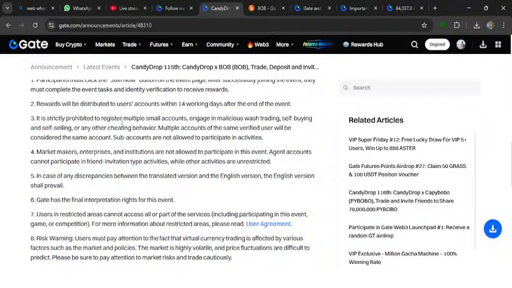Number three: it is strictly prohibited to register multiple small accounts and engage in malicious wash trading, self buying, self selling or any other cheating behavior. Multiple accounts of the same verified user will be considered the same account, and sub-accounts are not allowed to participate in activities.